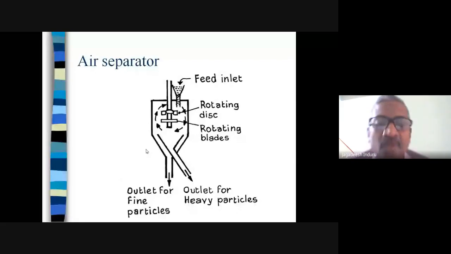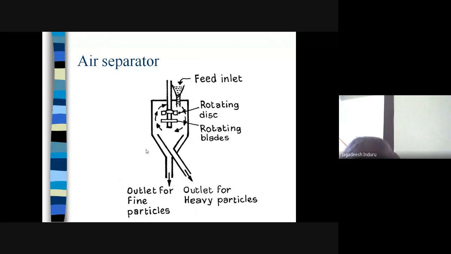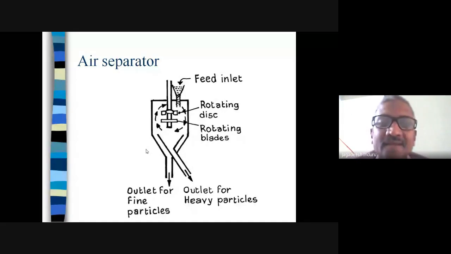We are going to have the feed inlet at the top, and the feed inlet will make the powder come down.